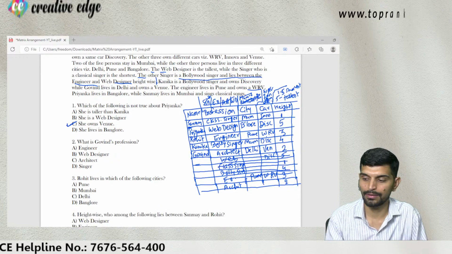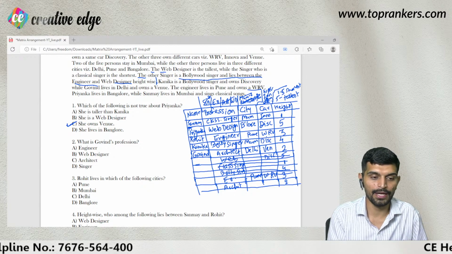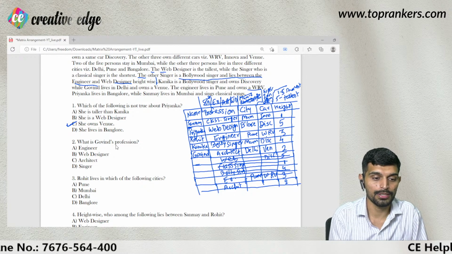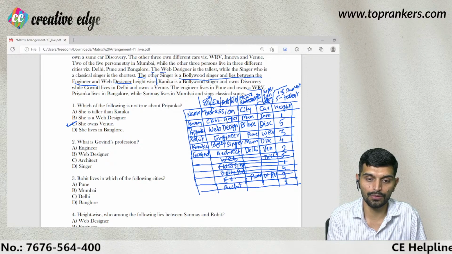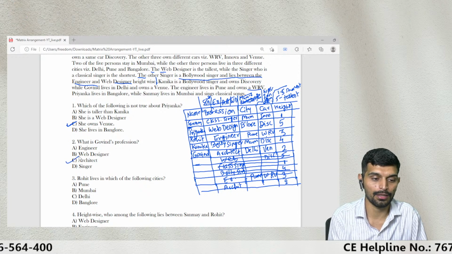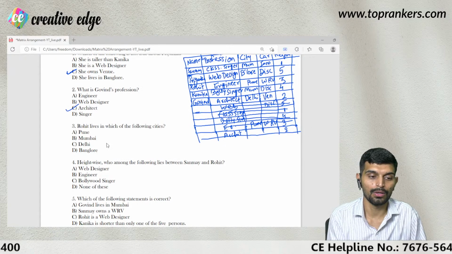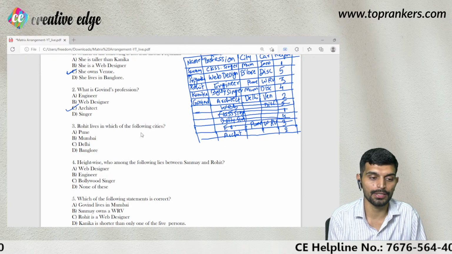Next, what is Govind's profession? Govind's profession is architect. Look at the table. Rohit lives in which of the following cities?